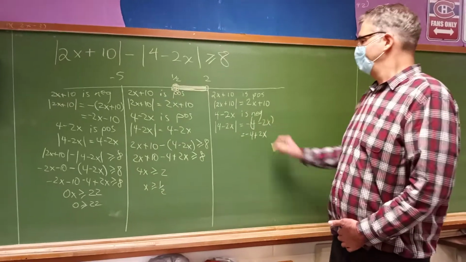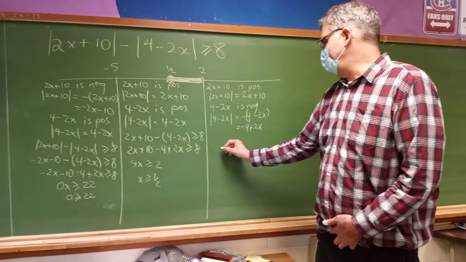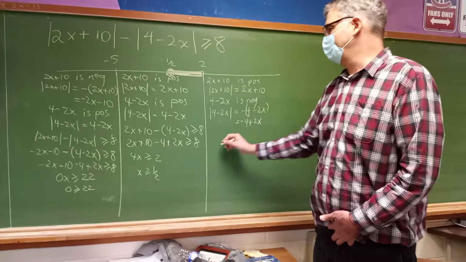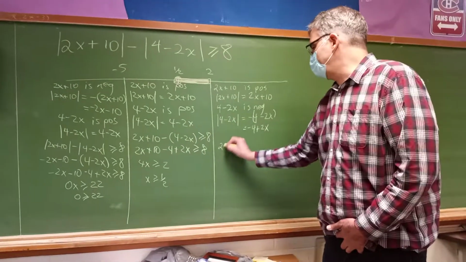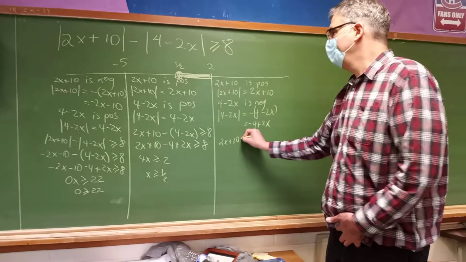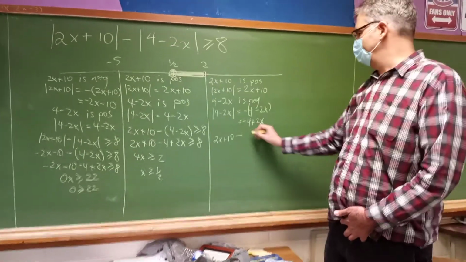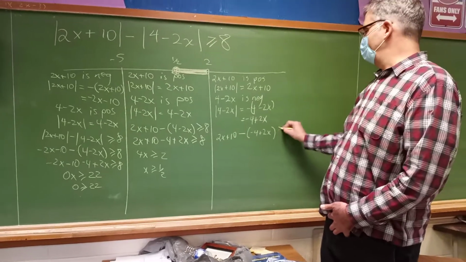Okay? Now, what I can do is plug back into this equation. 2x plus 10, absolute value, is the same as 2x plus 10, minus 4 minus 2x, absolute value is the same as negative 4 plus 2x, and it's greater than or equal to 8.